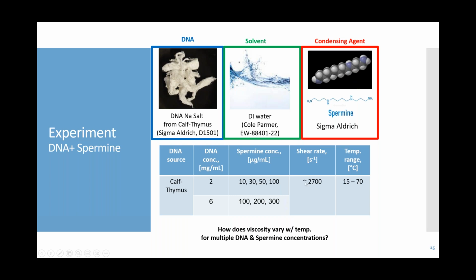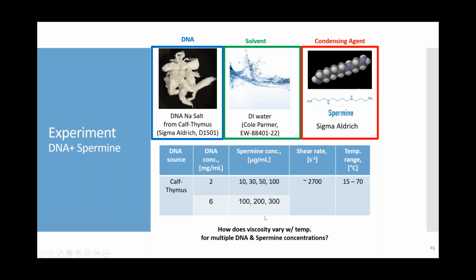We measured the viscosity of DNA solutions containing different concentrations of spermine. And we studied one shear rate, that is 2700 inverse second, and temperature range from 15 to 70 degrees C.